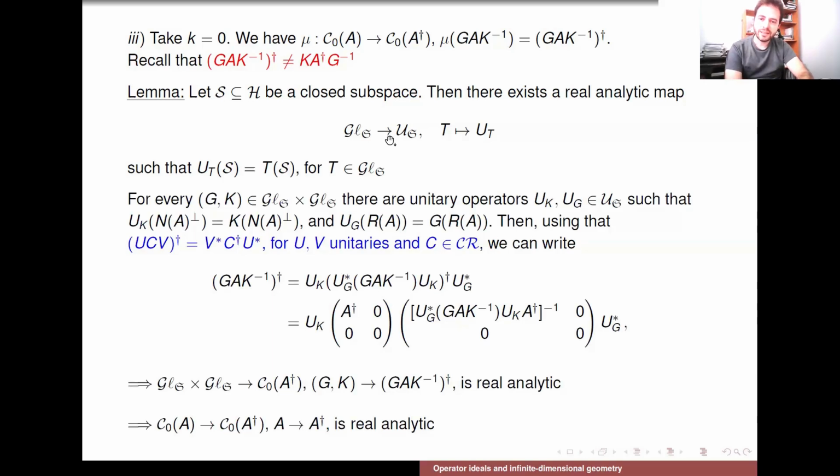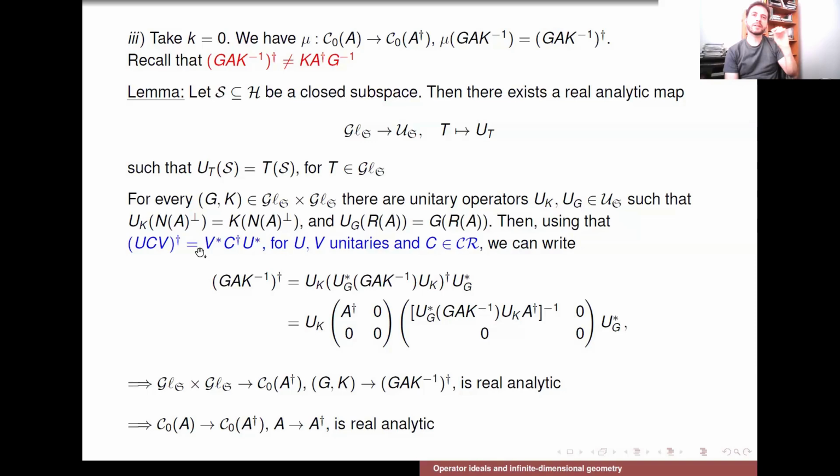We apply these results to the following subspaces. Here S will be the orthogonal complement of the null space of our fixed operator A. So we have a map UK, and here the subspace S will be the range of the operator A. So we have another map UJ. Another important point here is the following property for unitaries and the Moore-Penrose inverse.